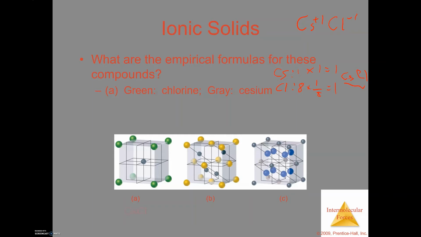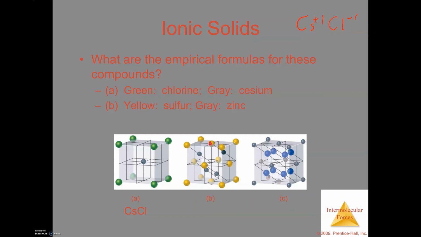So looking at the second one here, we have 2 different atoms again. We have sulfur and then we have zinc. So the sulfur, yellow colored, we see that the sulfur is found on the corners, all right? But then if you look, it also is found on the face.